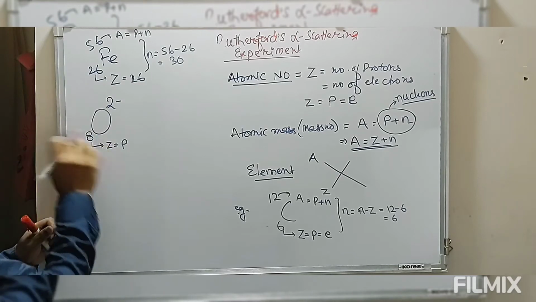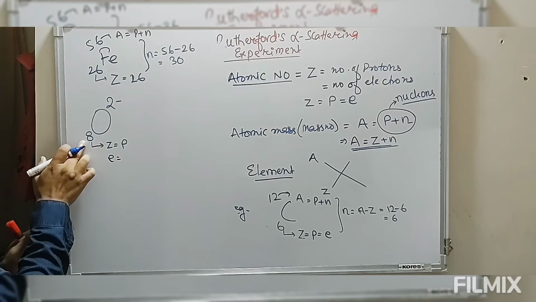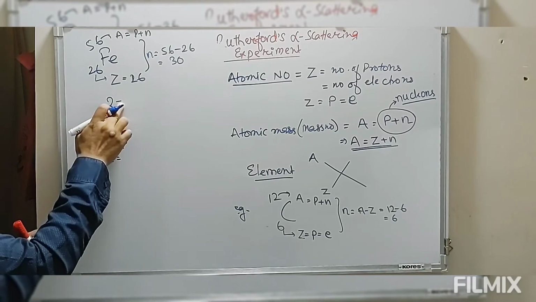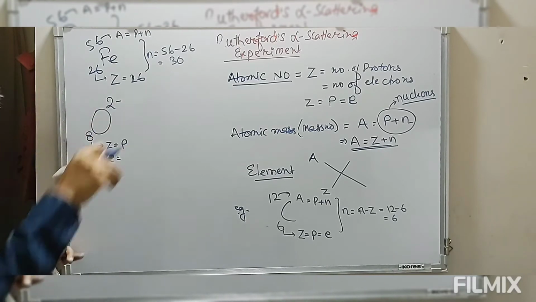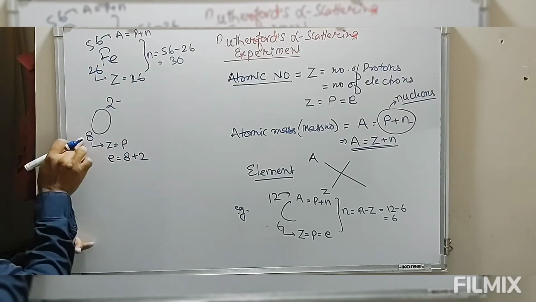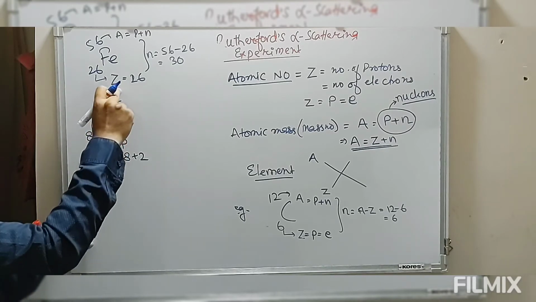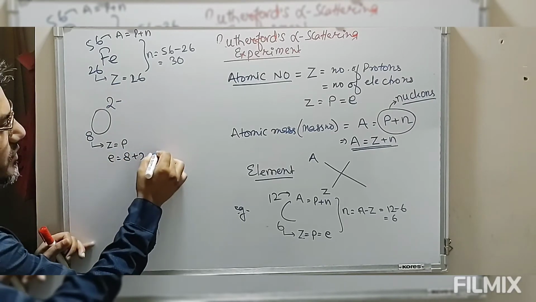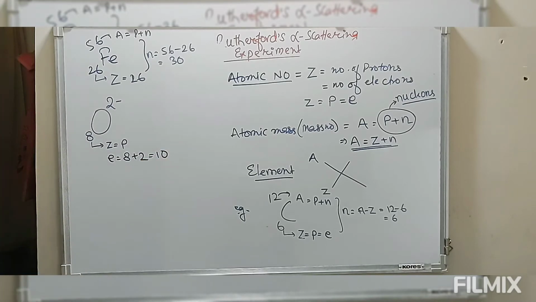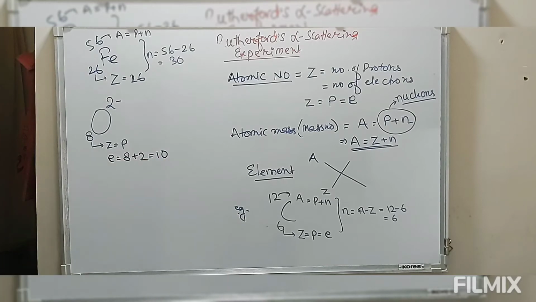For a neutral atom, the number of electrons should be 8, but since we have 2 negative charges, there is an excess of electrons, so the number of electrons is 8 plus 2. So atomic number plus the negative charge carried by the species gives you the total number of electrons. So the number of protons is 8, but the number of electrons is 10. The mass number will not change.